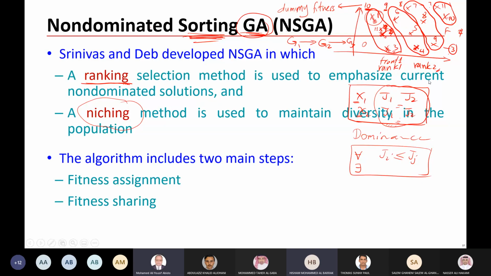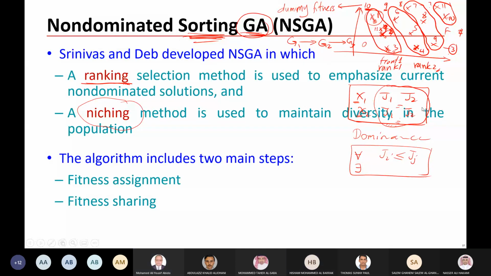No, it won't be between 2 rankings. It is either in this front or in this front. You cannot find a solution which belongs to both. Did you get the point?